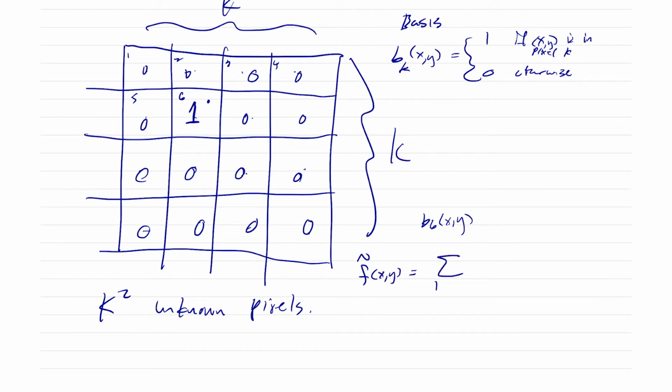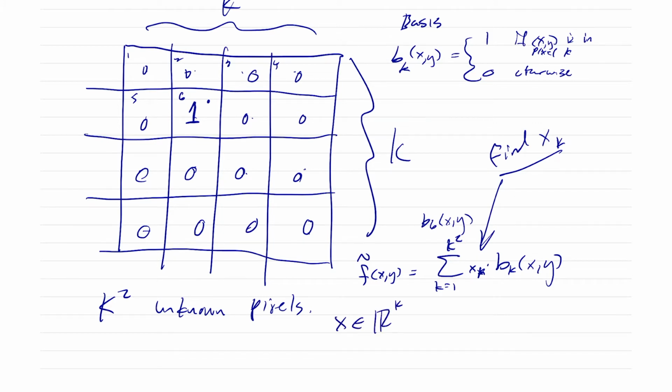It's a sum for k equals 1 up to big K squared of x_k times b_k(x,y). So the goal here, that's x little k, is we want to find x_k. And so we generally think of x being a vector in say R^(K squared).